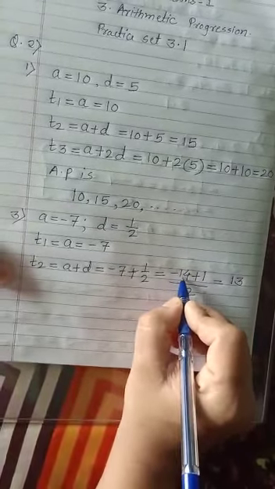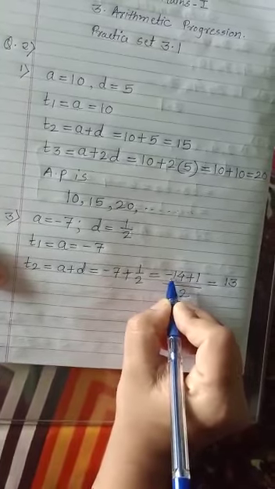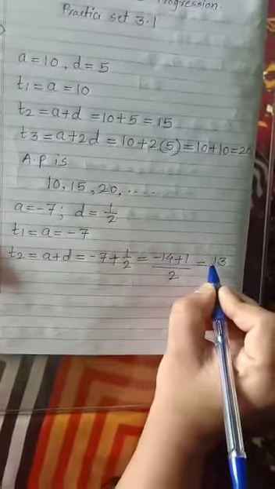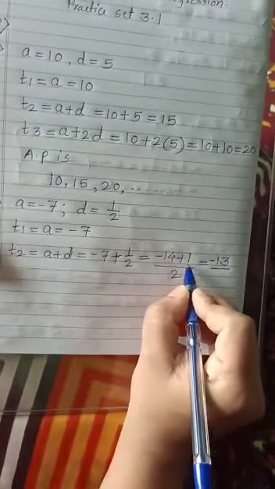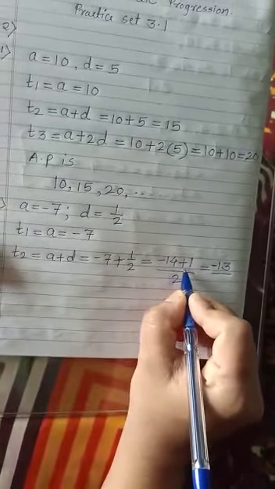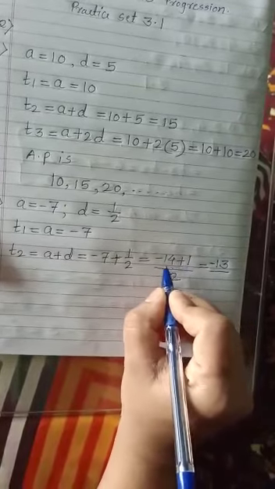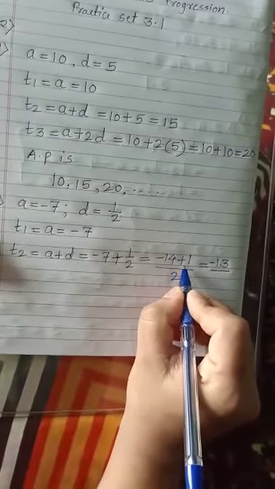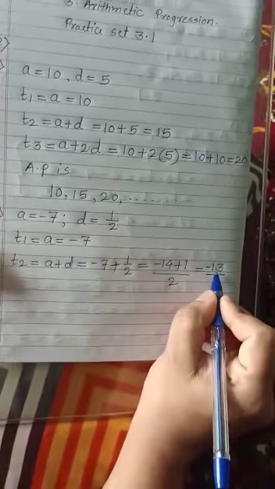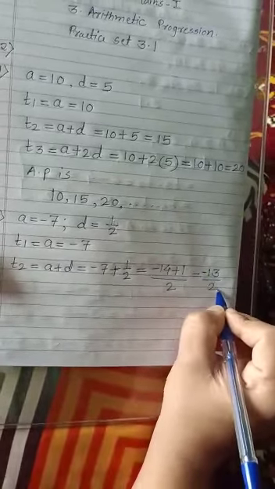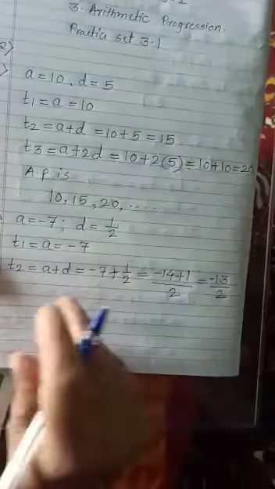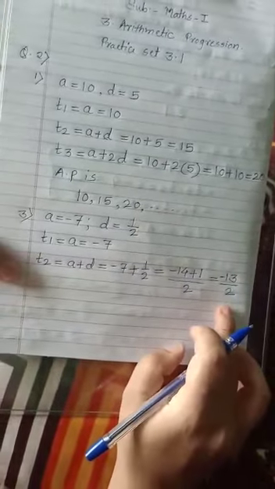The bigger one is 14 and it has the minus sign, so we give minus sign to the 13. Then the denominator will remain the same, 2 as it is. So our second term is -13/2.